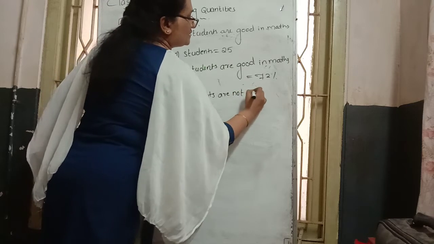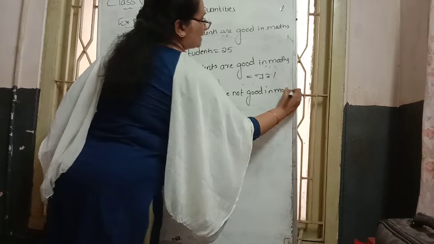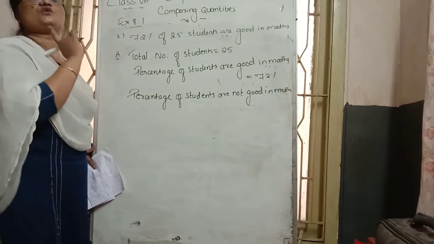To find those who are not good in maths, percentage is always calculated with respect to 100%.